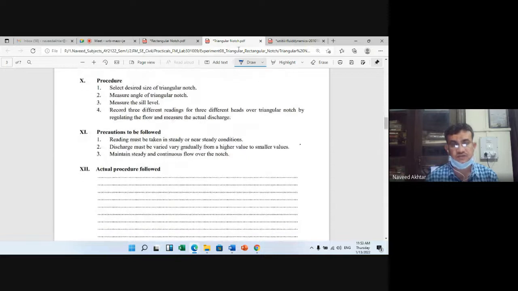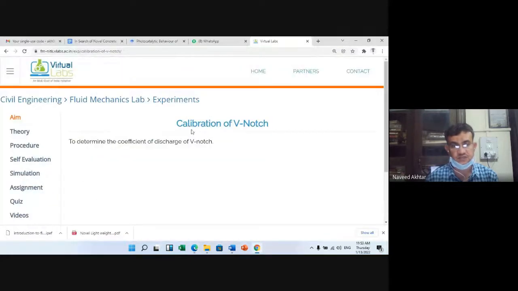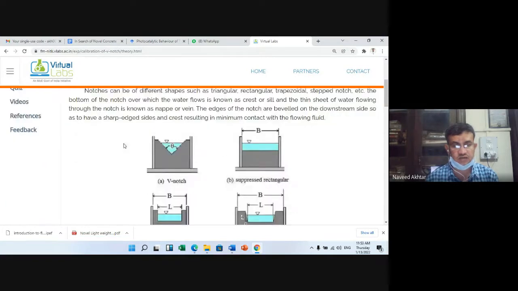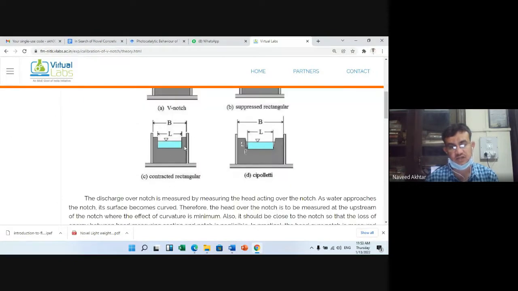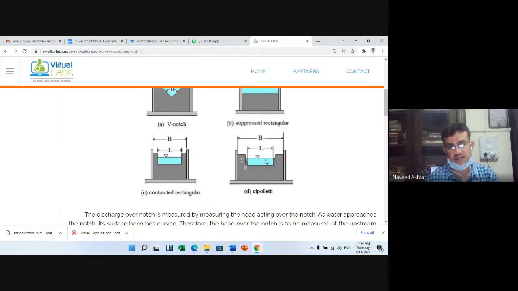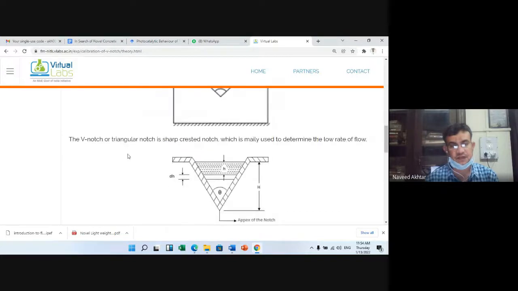The procedure is similar to the rectangular notch, and the theory is similar as well; only the shape of the notch is different here. Here it is a V-shaped or triangular notch, and earlier we saw the contracted rectangular notch. This is another type, the trapezoidal notch.